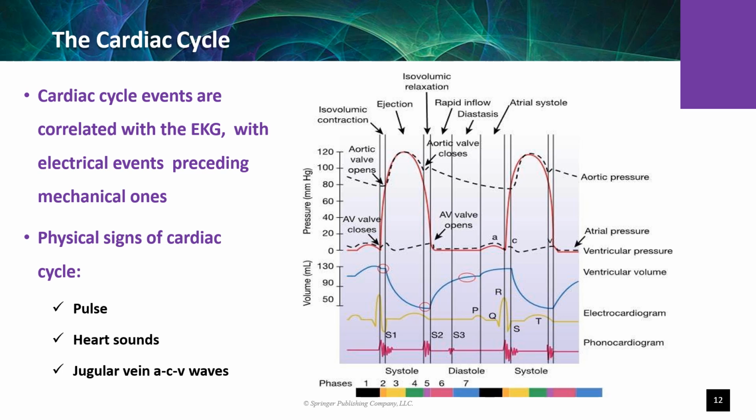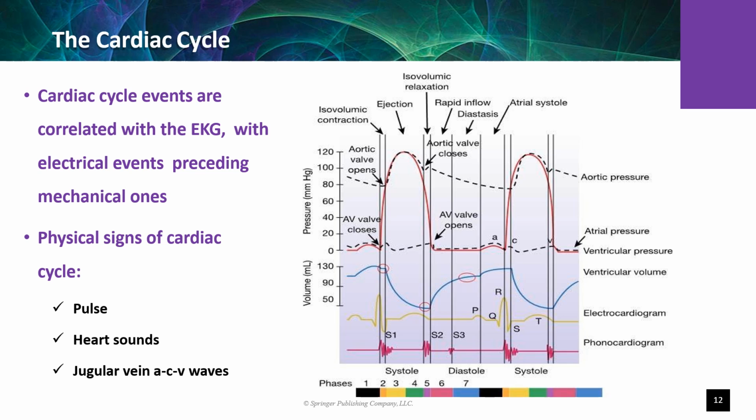The T wave represents ventricular cell repolarization and the beginning of relaxation of the myocardial cells. As the left ventricular pressure falls to a level below aortic pressure, the aortic valve closes. Closure of the aortic and pulmonary valves produces the S2 heart sound.